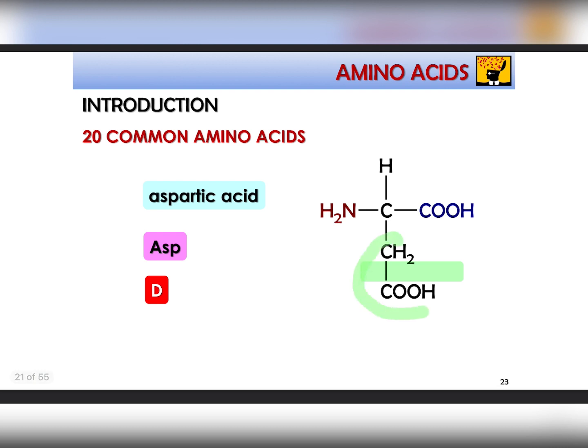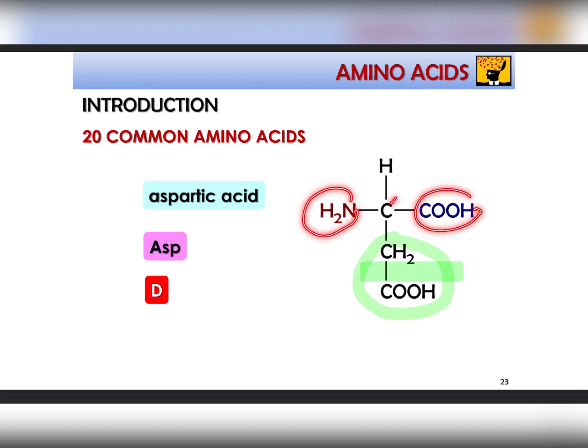aspartic acid. Okay, so kalau macam ni, you have ada dua kan, COOH, COOH. Okay, so macam mana kita nak tengok which one is the side chain? Okay, so back to the basic concept, cari dia punya alpha carbon. Okay, so alpha carbon tu mesti ada COOH, ada amino group.